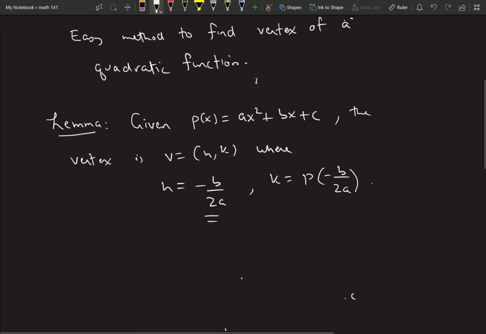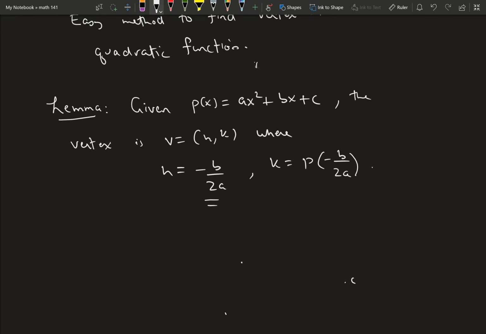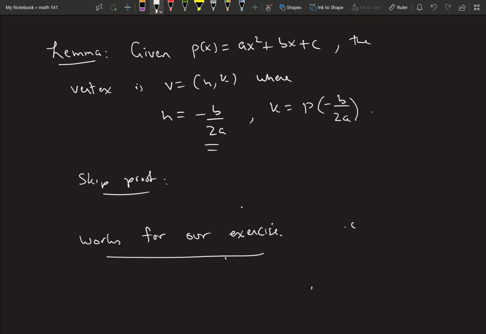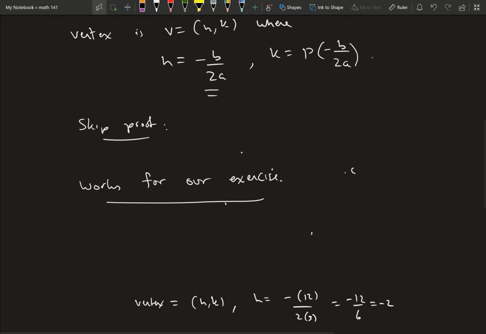So let's check that this actually works for the polynomial. I'm going to skip the proof. It's essentially just completing the square with symbols rather than with numbers. But let's just show that it actually works for our exercise that we just saw, and we'll do maybe one more, and then we'll stop.